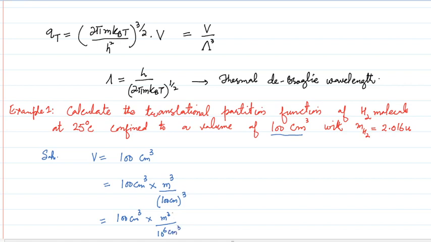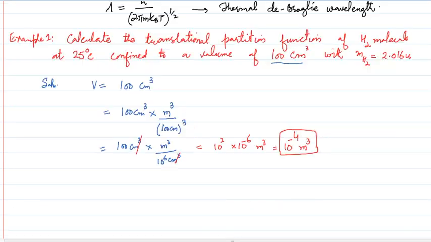Here you will see that cubic centimeter and cubic centimeter cancel, and you get 10 raised power 2 into 10 raised power minus 6 cubic meter, which is simply equal to 10 raised power minus 4 cubic meter. So this is how it is converted into cubic meters.